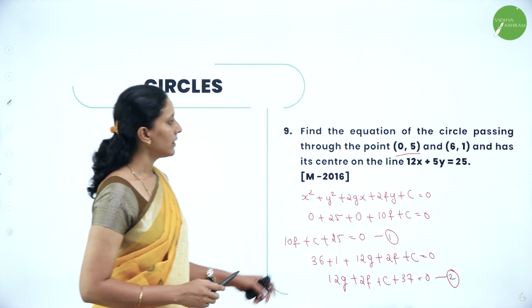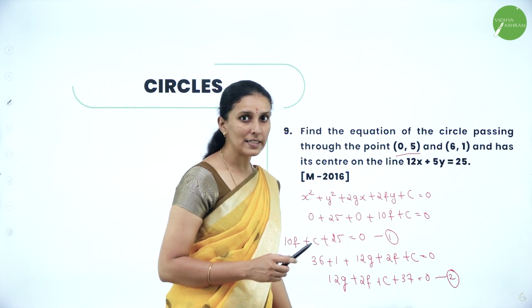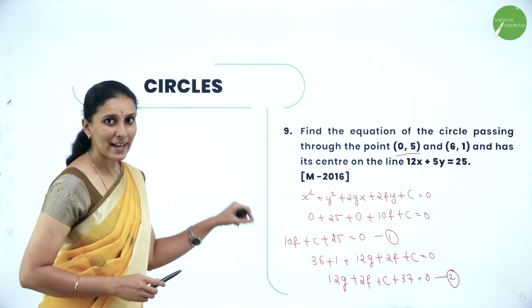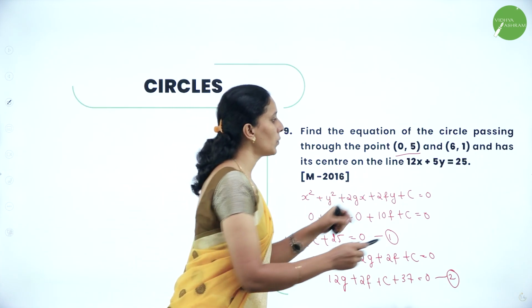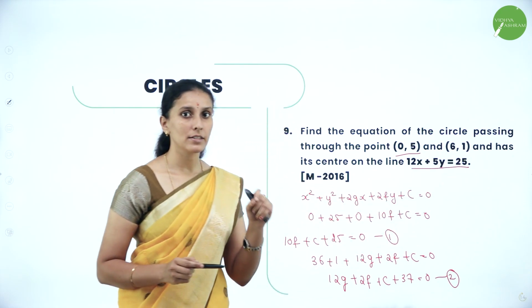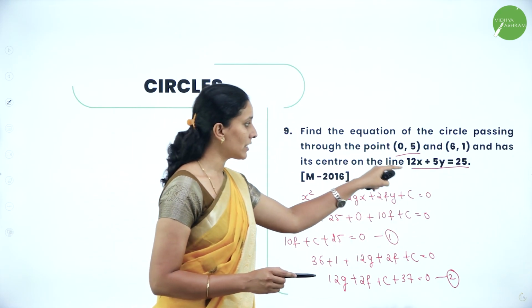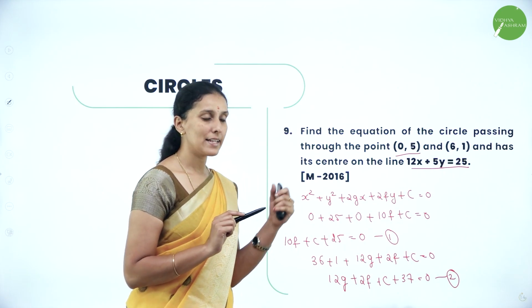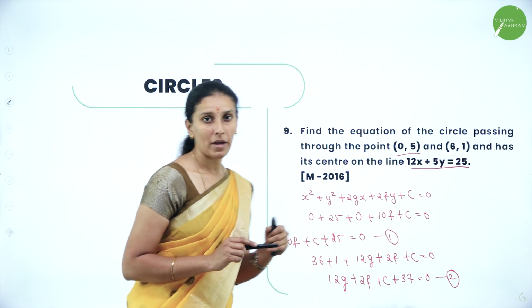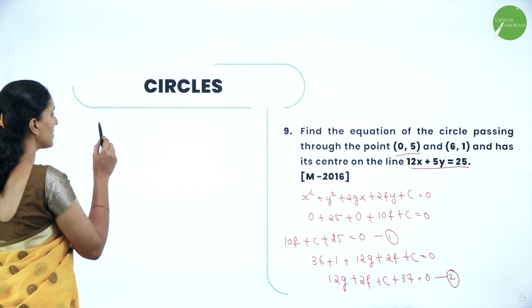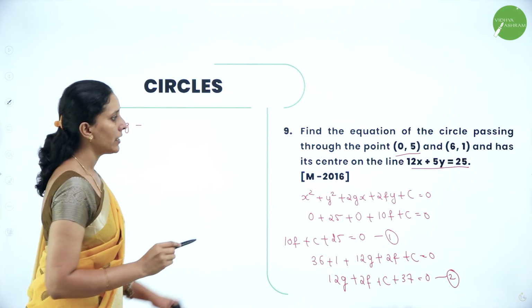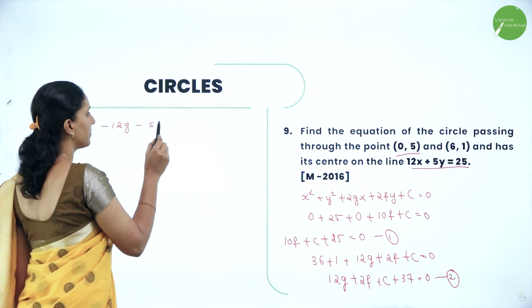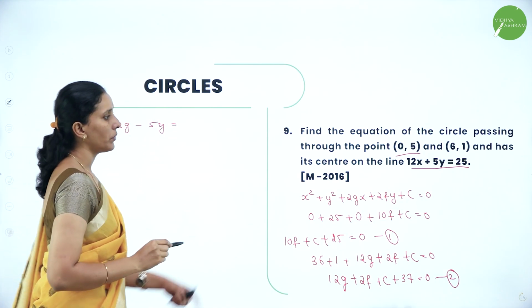Now since the center lies on the line, the point (x, y), that is (minus g, minus f), is on this line. So we can take x as minus g, y as minus f. So then the equation becomes minus 12g minus 5f is equal to 25.